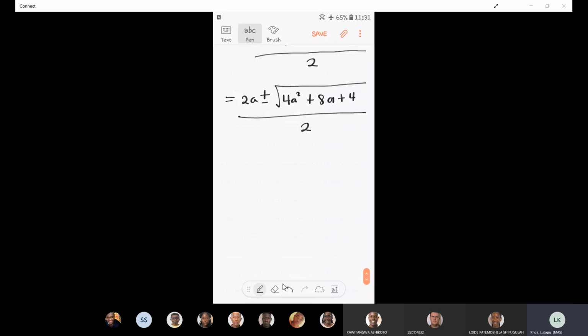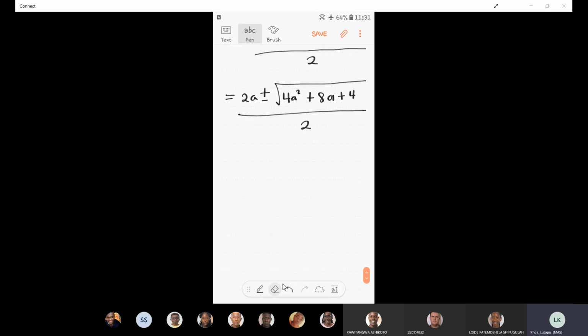I see that 4 is a common factor, so I can factorize the 4 out. So I have 2a plus or minus the square root of 4 times a squared plus, not 4, it's 2a plus 1. Like that. Then I divide this by 2.